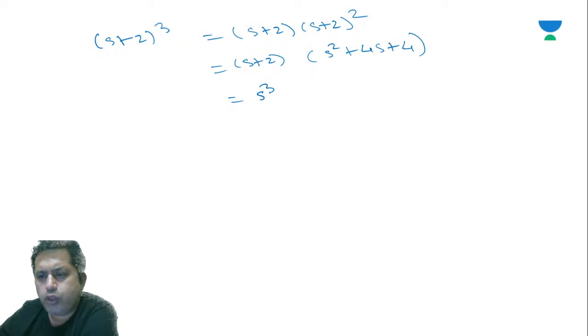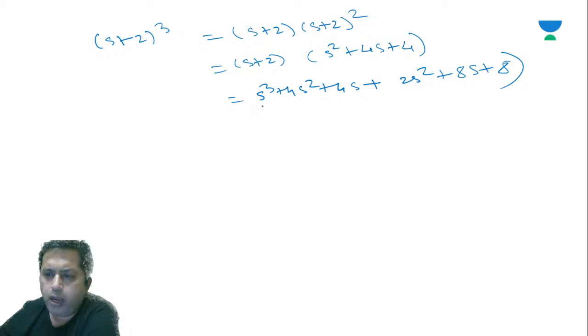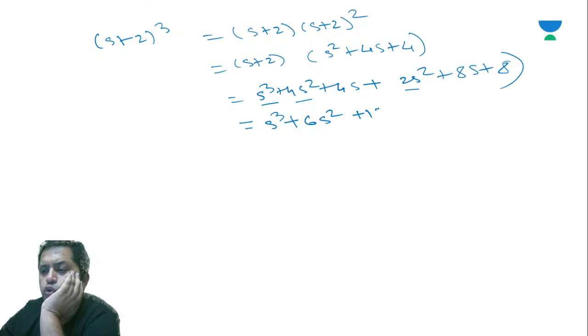This is s cube plus 4s square plus 4s plus 2s square plus 8s plus 8, equal to s cube plus 6s square plus 12s plus 8.